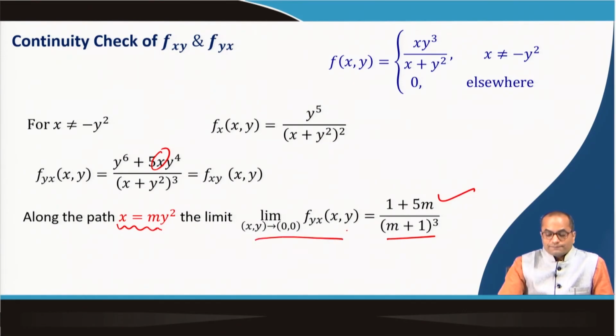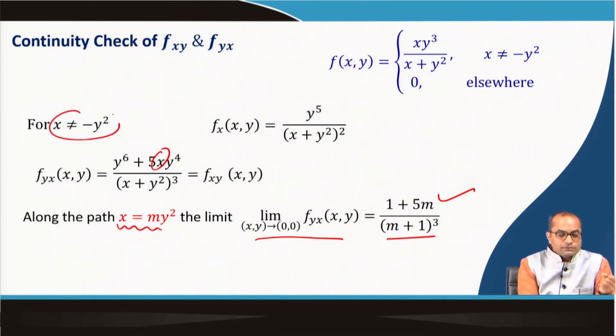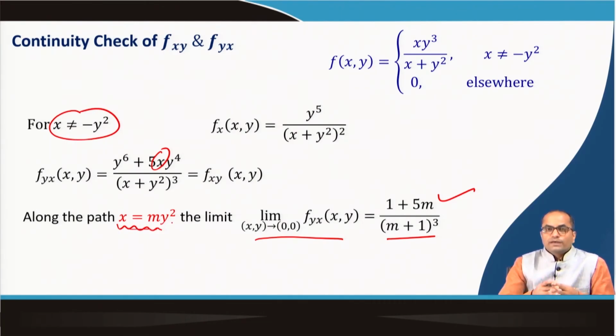So, the limit depends on m, on the path. Therefore, we can claim that this limit does not exist, because if we go along the path x is equal to m y square to 0 0, the limit depends on the path.